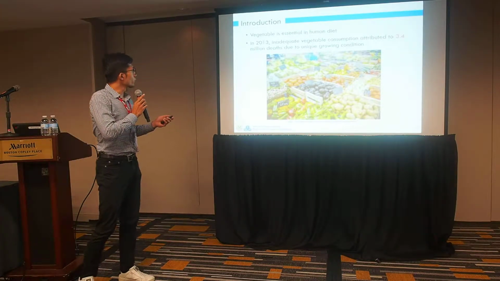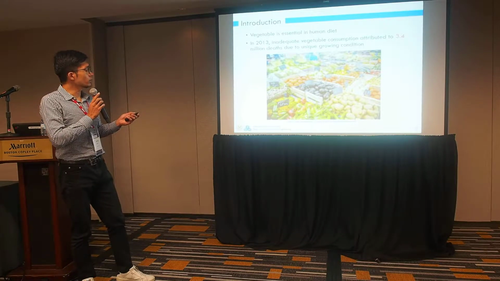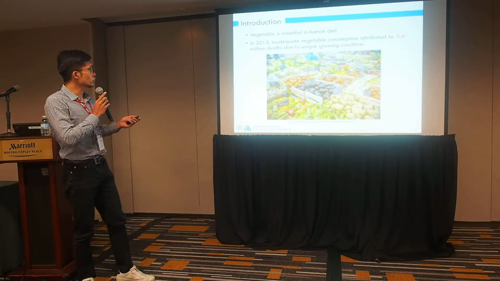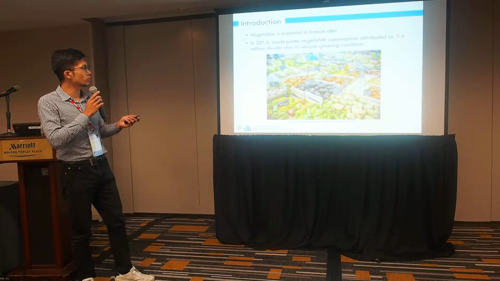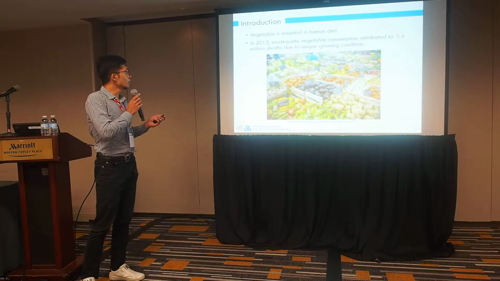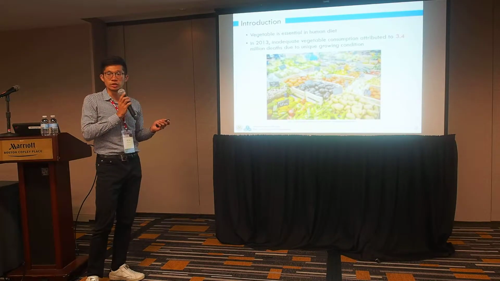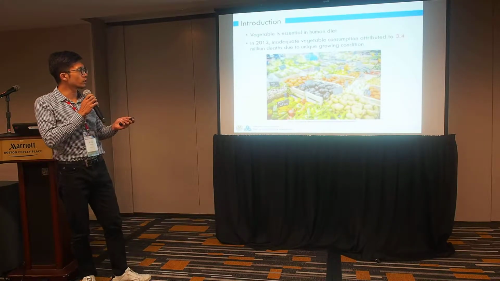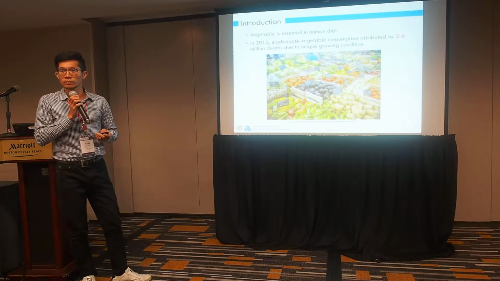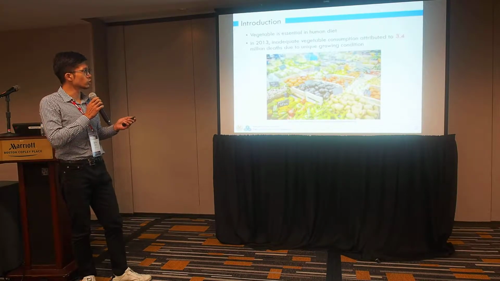And therefore, it was reported by WHO in 2013 that inadequate vegetable consumption contributed to 3.4 million deaths. So if we can control the growing conditions, it seems that we can solve the problems we have shown here.